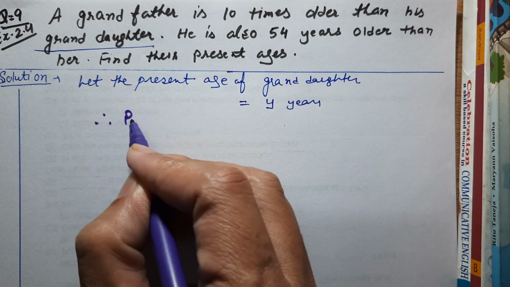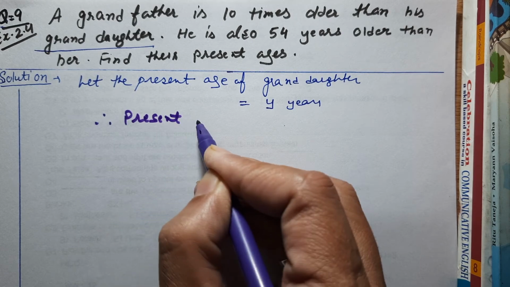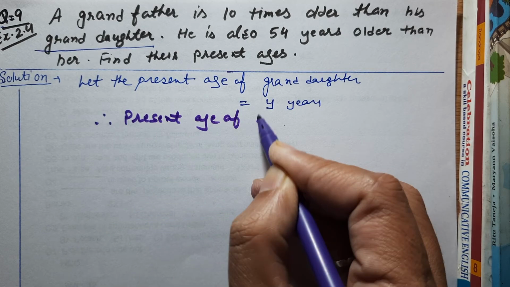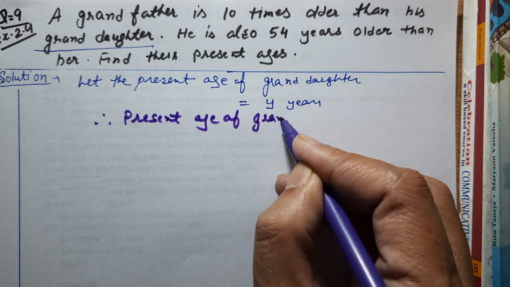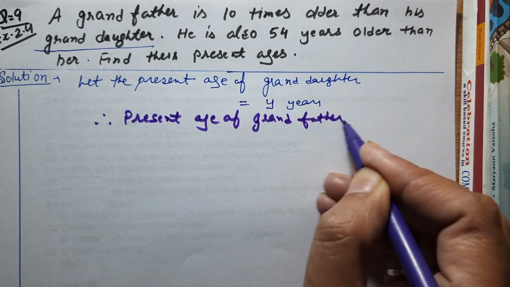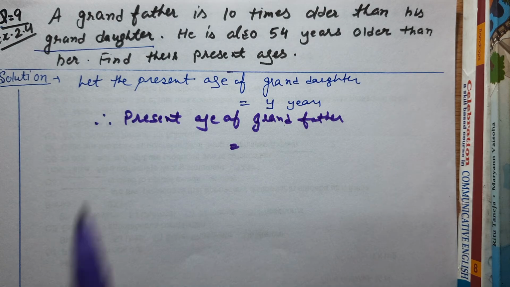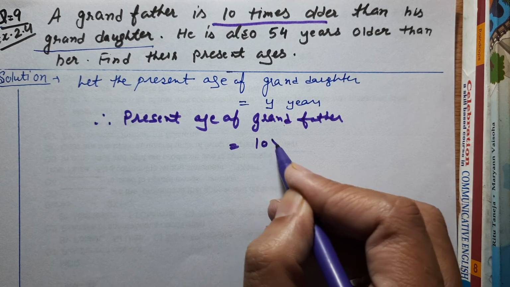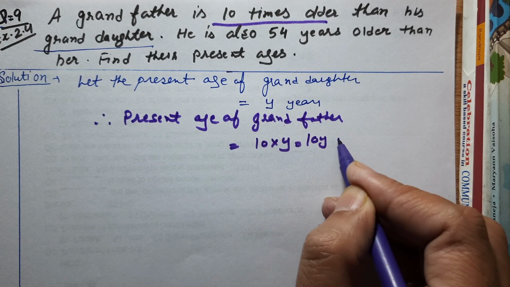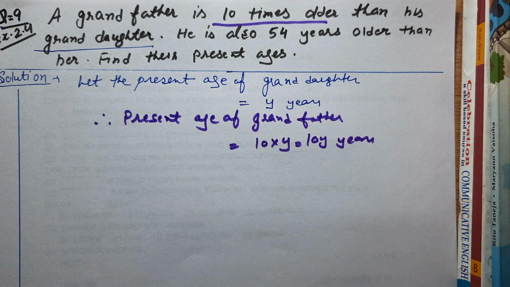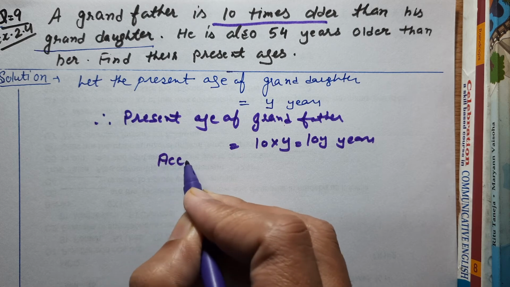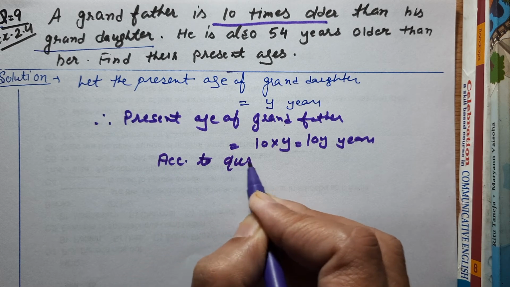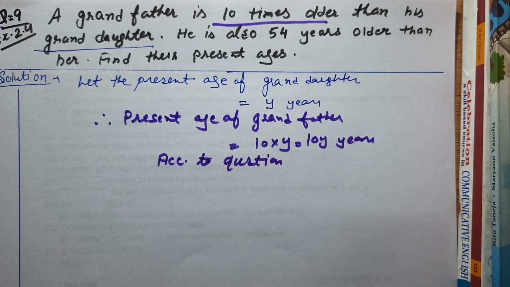Therefore, the present age of the grandfather. Now, will you tell me? Yes, it is 10 times older. So, it will be 10 into y, that is 10y years. So, I have just gone according to this statement. Now, what does this statement say according to the question? He is also 54 years older. He is who?